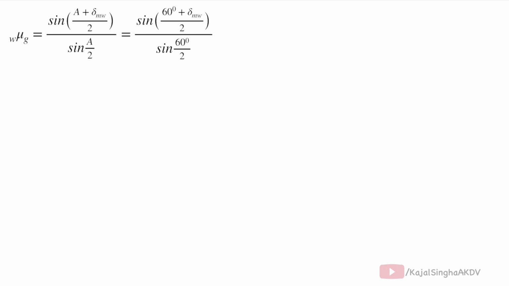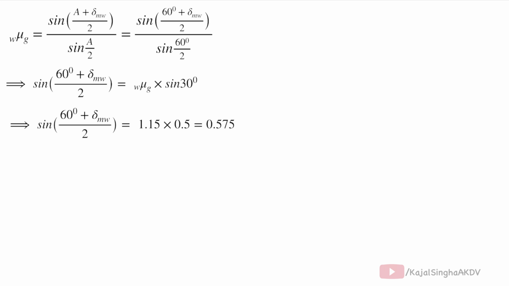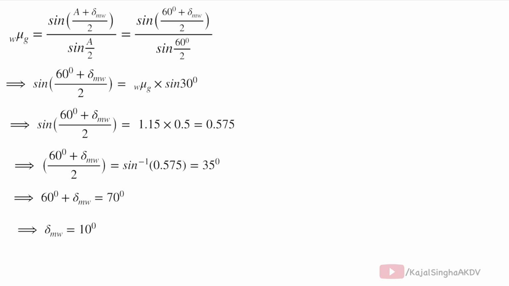Therefore sine (60 degree plus delta mw) by 2 equals w mu g into sine 30 degree, and sine 30 degree equals 0.5, and w mu g we have already calculated as 1.15. So after calculation, we get (60 degree plus delta mw) by 2 equals sine inverse 0.575, which is equal to 35 degree. So we get delta mw equals 10 degree.